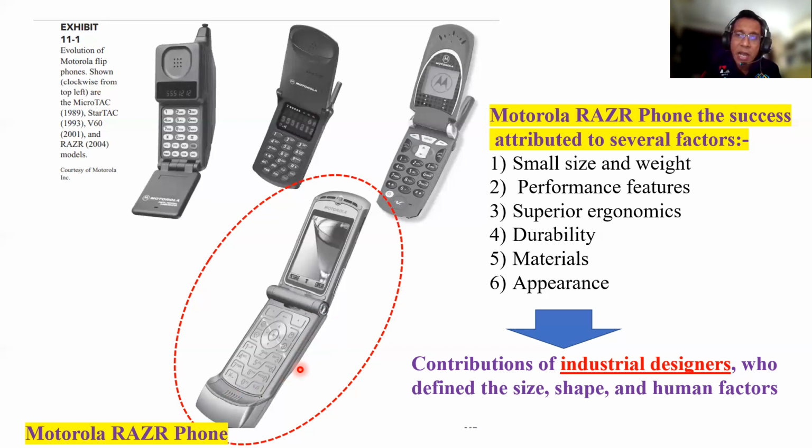After the release, it became famous. In the US, Hollywood celebrities were shown using this product, and surprisingly, beyond Motorola's expectation, sales reached over a million units per year after launching.